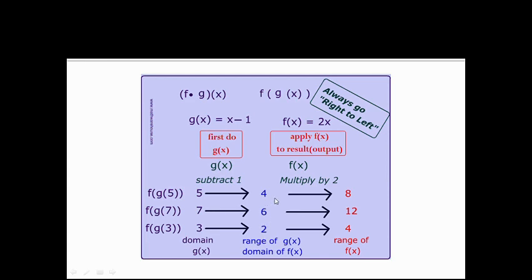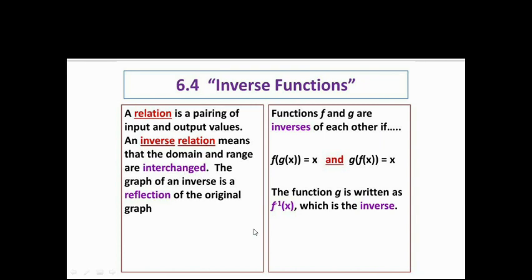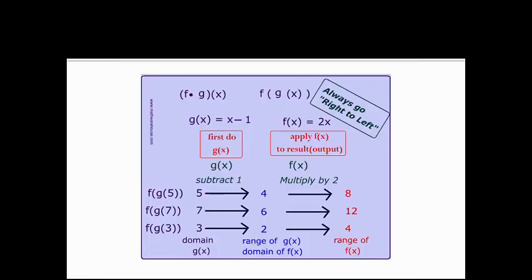As the function tells us to multiply 2 with x, f of 4 means multiplying 4 with 2, we get 8. f of 6 means multiplying 6 with 2 and we get 12. f of 2 means multiplying 2 with 2 and we get 4.